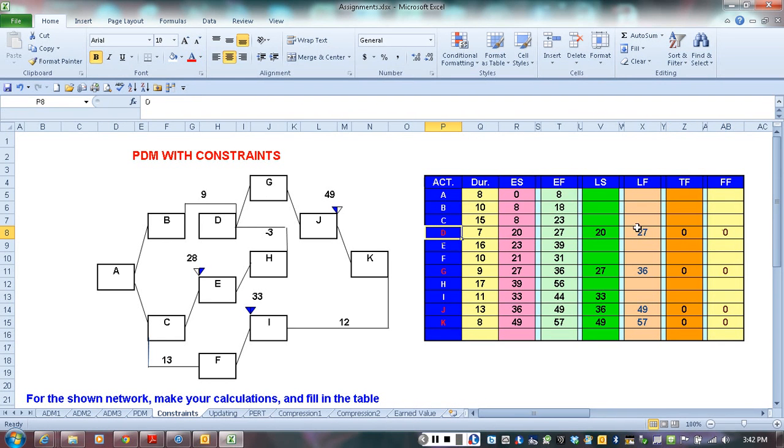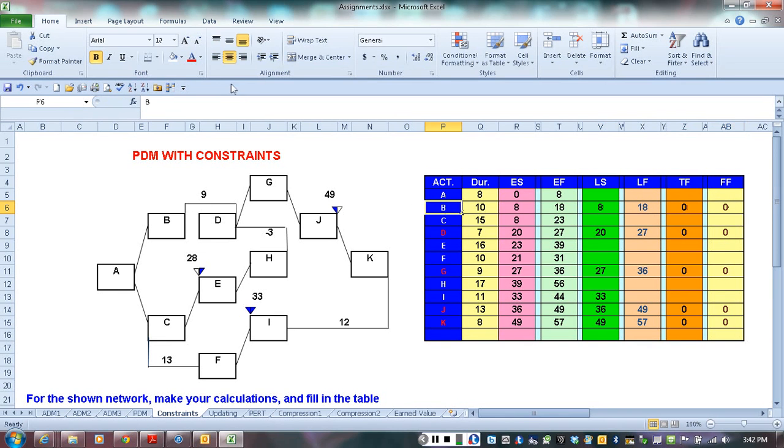Activity B, we have 20 here, 20 minus 9. No, we have 27 at the end. 27 minus 9 is going to give us 18. And 8. And 0 and 0 for the total and free floats.